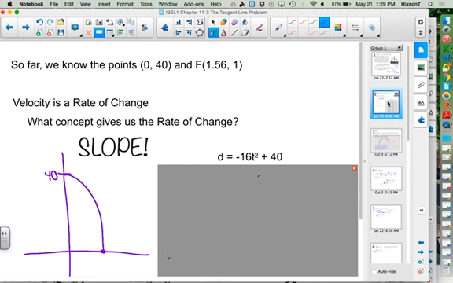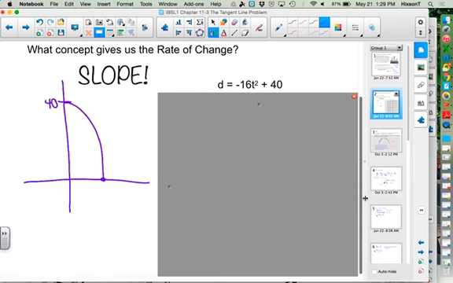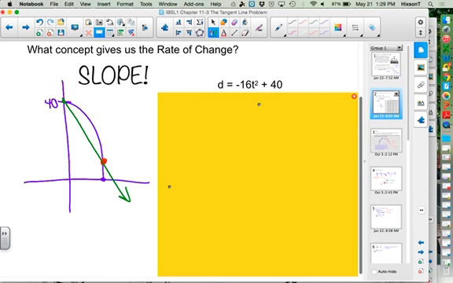So, if this is the point I want the rate of change at, what we just did is we found the slope of this line. What line do we actually want?